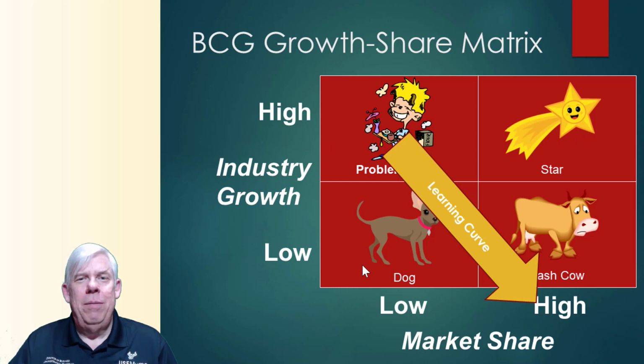Obviously, the worst place to be is the low growth, low market share, where you are basically not making any money because your costs are too high and your prospects aren't that good because your competitors are learning at a faster rate than you are, and that would be called the dog quadrant. So it's a very simple model, but it's one that has been used extensively in competitive analysis and strategy.